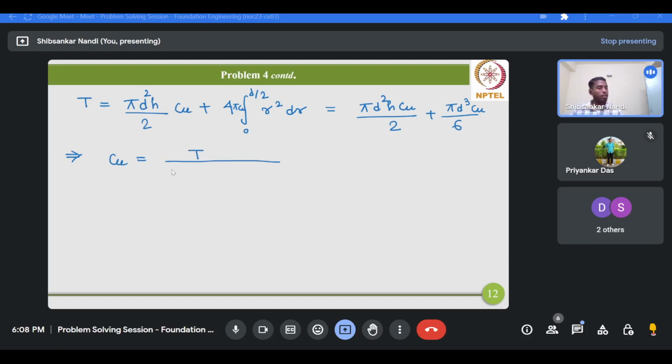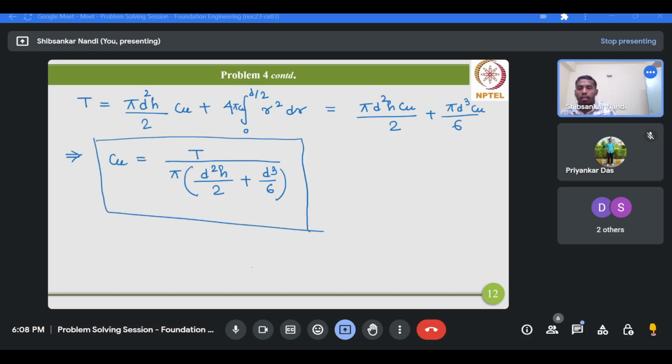So therefore this cu would be nothing but T, which you can write in the final form. So it would be T divided by pi d square h by 2 plus d cube by 6. Okay, I hope you also get this expression for determining the undrained cohesion of the soil by using the vane shear test.